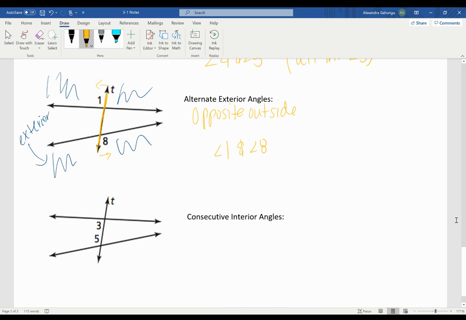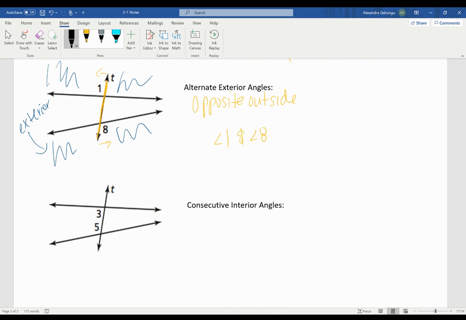And then our consecutive interior, we're going to actually use a different word for that. We're going to say, to make it nicer, same side interior. That's a little nicer, right? Now I know I'm talking about the same side of the transversal. So they're all on one side together, and then same side interior. So interior, we were talking about the interior.